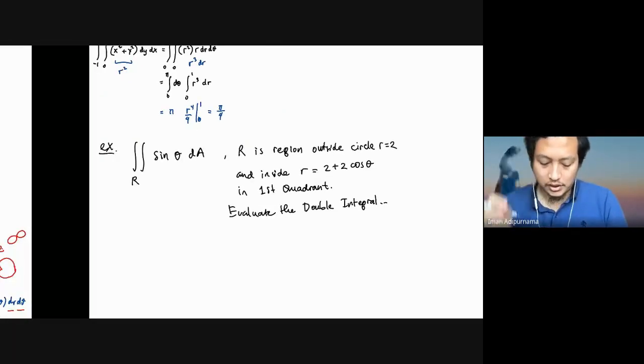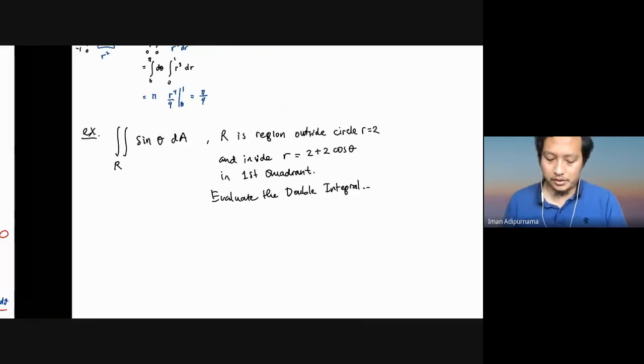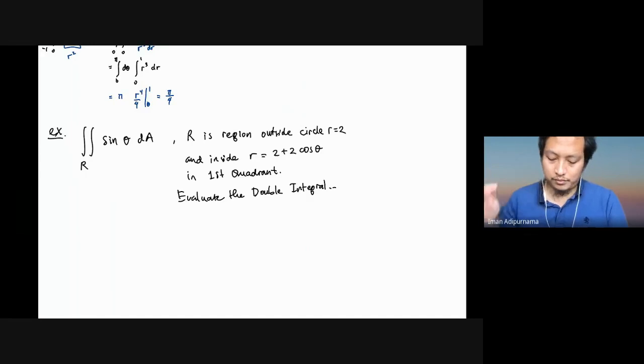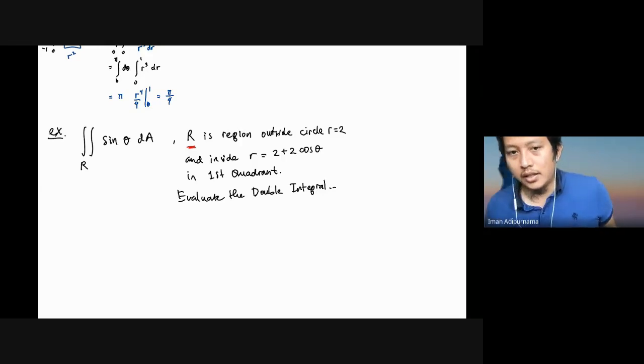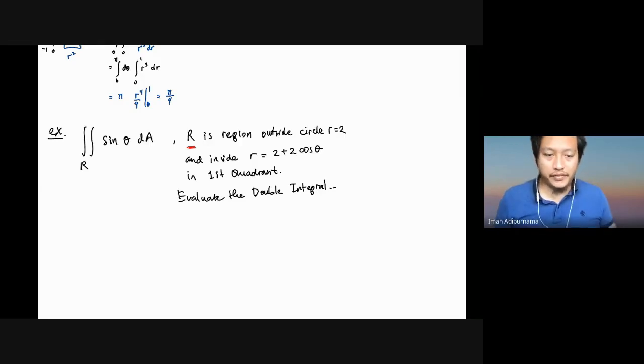So the question is just the double integral of sine theta, and the first thing that you need to do is basically define R, in terms of which area R is going to have. As we have learned in previous courses on integration, how to take the boundary, that's important.